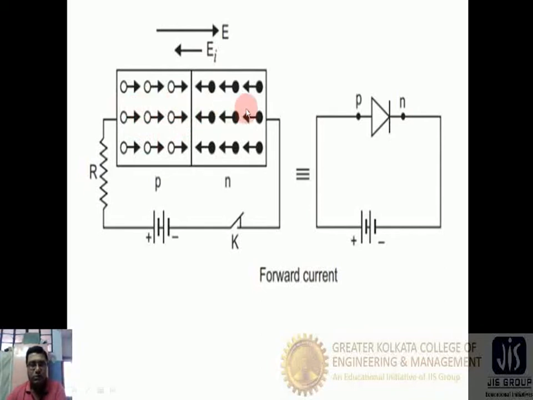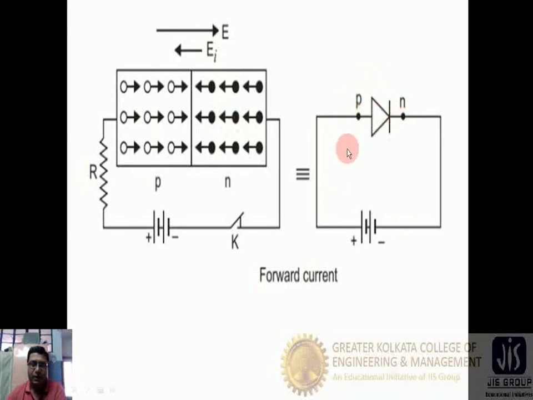So there are no barriers or interrupting media that block the current flow. In this way, the current flow happens in the case of forward bias of a PN junction diode.